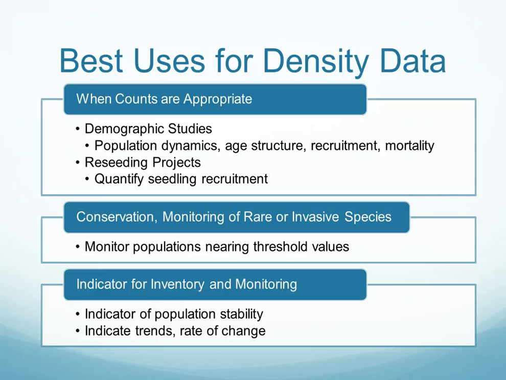Density data are also used for conservation purposes, or when we're monitoring the populations of rare and invasive species, because we can determine whether the number of individuals or the size of the population is nearing a threshold value. And density data are often used as indicators of population stability, being able to discuss trends and rates of change. So they have direct application to inventory and monitoring.